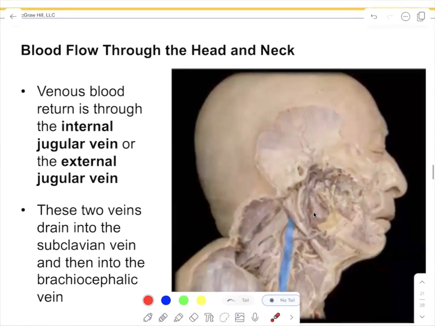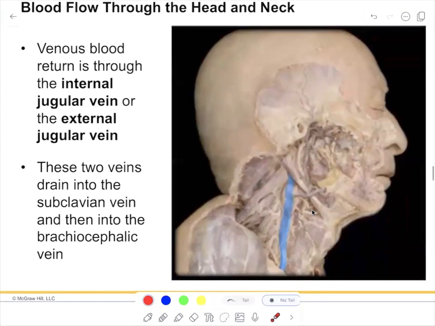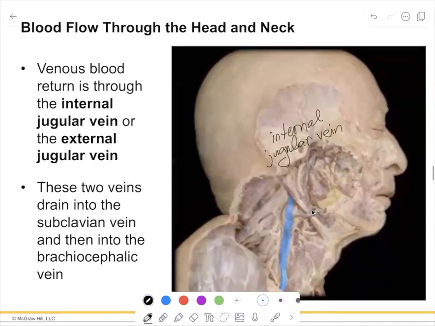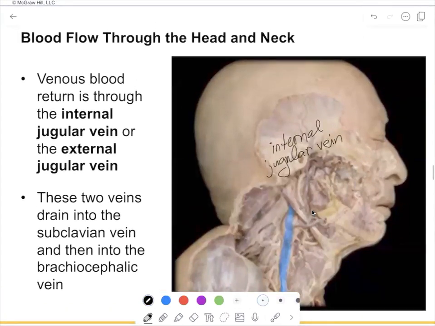This slide is showing the veins now in the same general vicinity. And so in this example, we actually see the internal jugular vein. So I mentioned to you that a lot of the arteries and veins are going to kind of pair up and have similar names. This would be one of those exceptions.